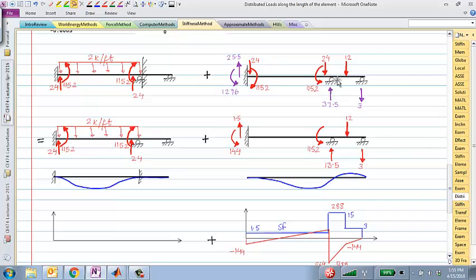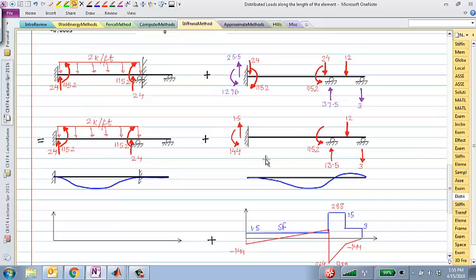There's no moment, of course, at a roller, no external moment reaction at the roller. So whatever force or whatever external moment we applied remains as it is. There's 25 load down, 37.5 up. So that's the net 13.5. 12 and 3 are the other two forces.